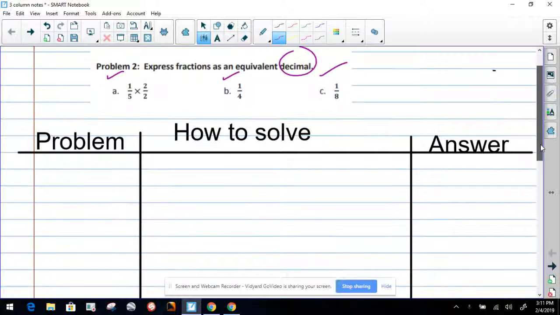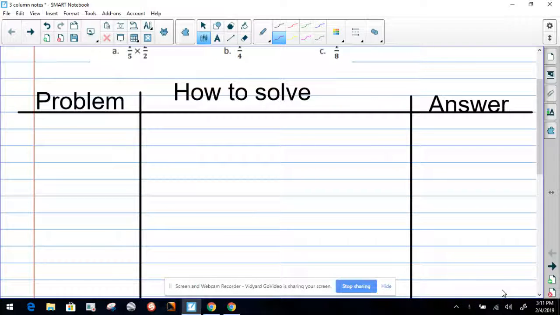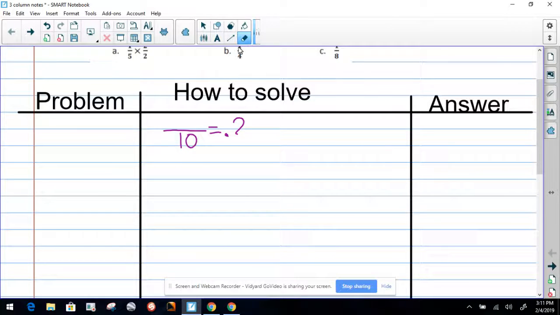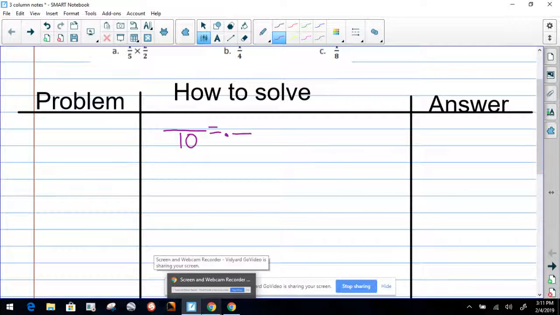Now, let me give you a little bit of something that you need to know. When we solve a problem, we're going to turn the denominators into either a tenth, so we know that we need only one place in that answer.